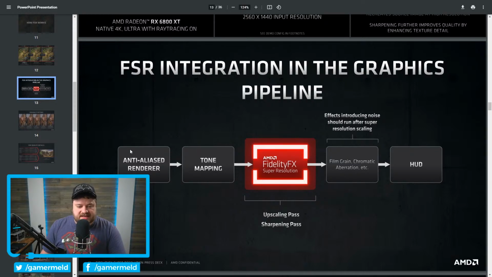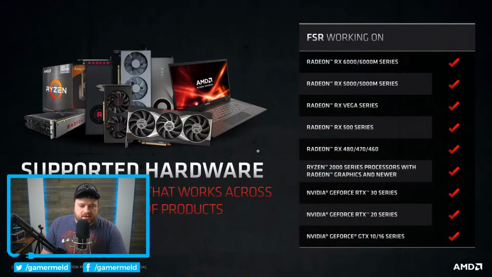You can see here it does this render, some tone mapping, then it moves over to the special ingredients that they're not going to be overly specific on. After that, it tries to take out the film grain through the upscaling process. I meant to get to this before, but one of the really great things about FSR, we're going to get to in a minute.